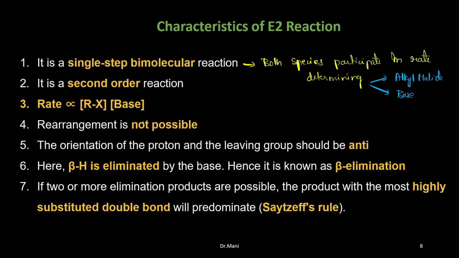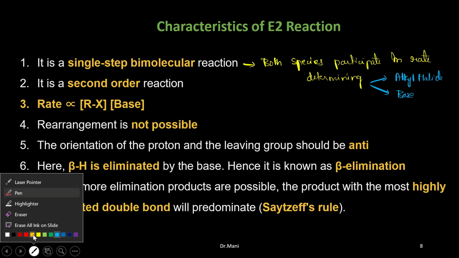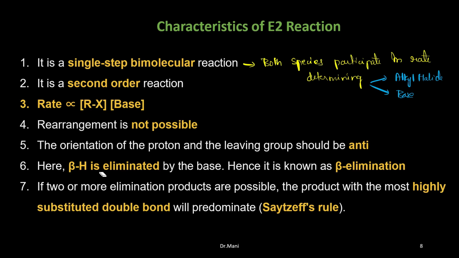And this reaction is called a second order reaction because it depends on the concentration of two reactants. Remember this: it is second order because the concentration of two reactants determines it.